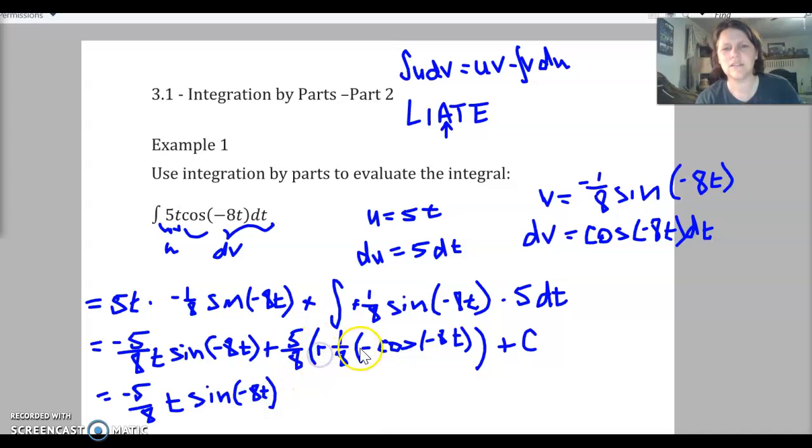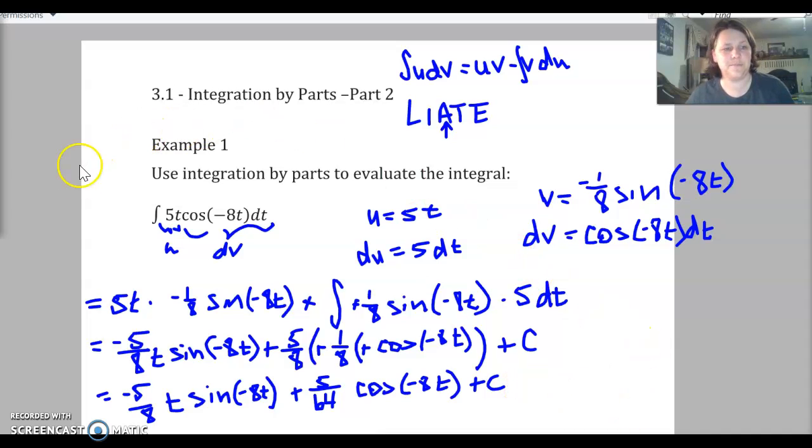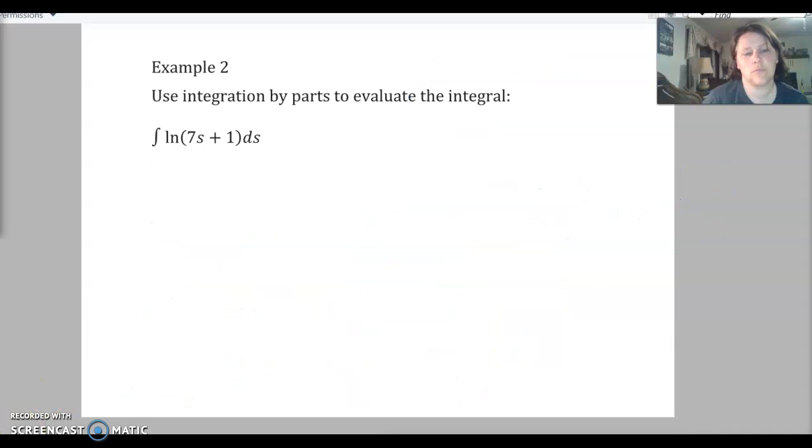Those negatives will cancel, so it looks like we'll have plus 5 over 64 cosine of negative 8t plus c. Yep, and so that's our final answer for example number 1.